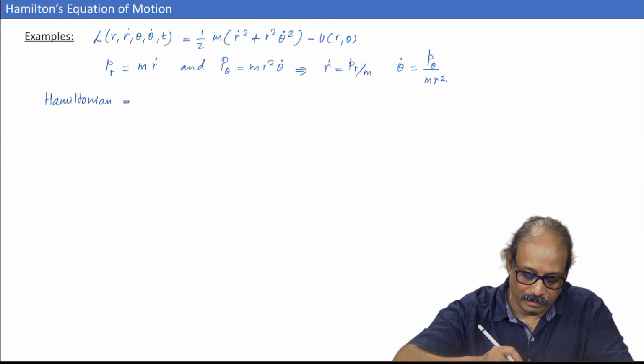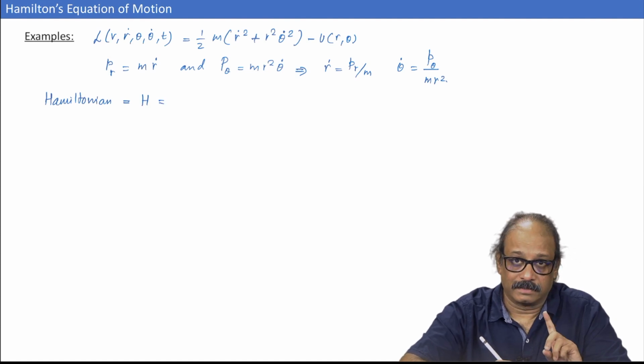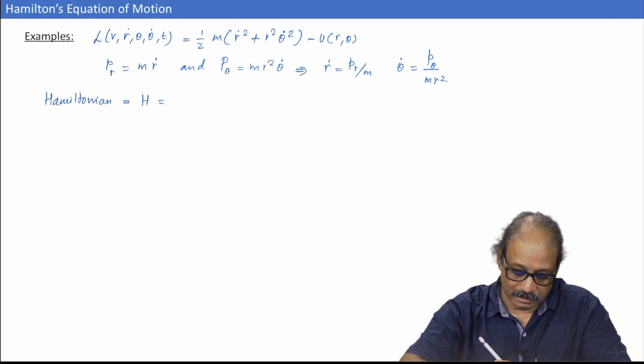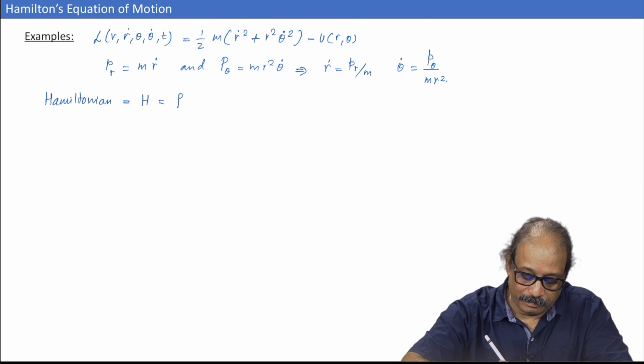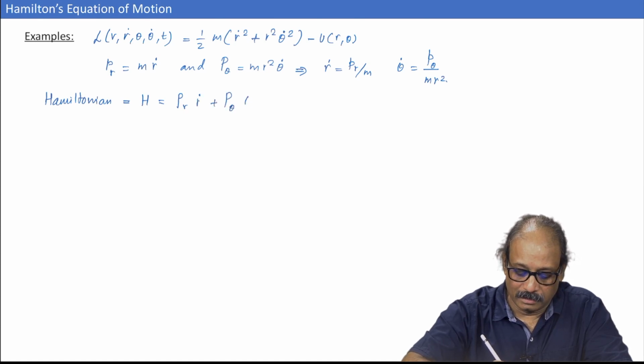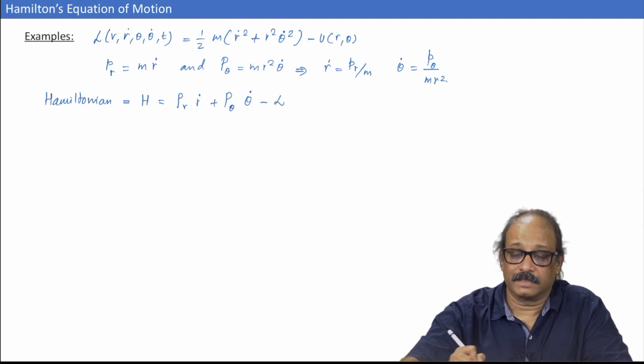So, the Hamiltonian will be equal to, remember, a summation over all generalized coordinates, which means I will write this in explicit form. It is p_r r dot plus p_theta theta dot minus the Lagrangian.